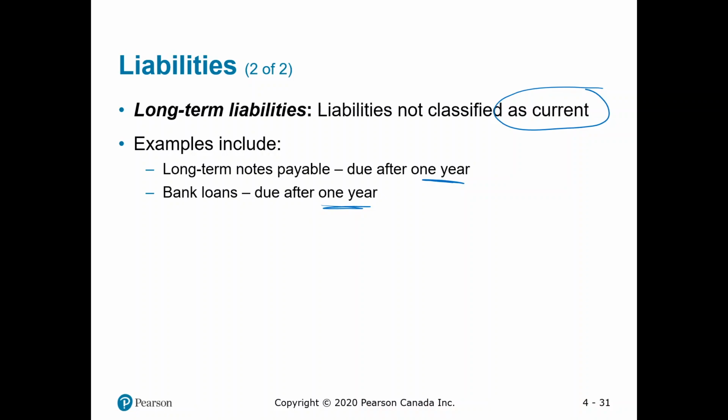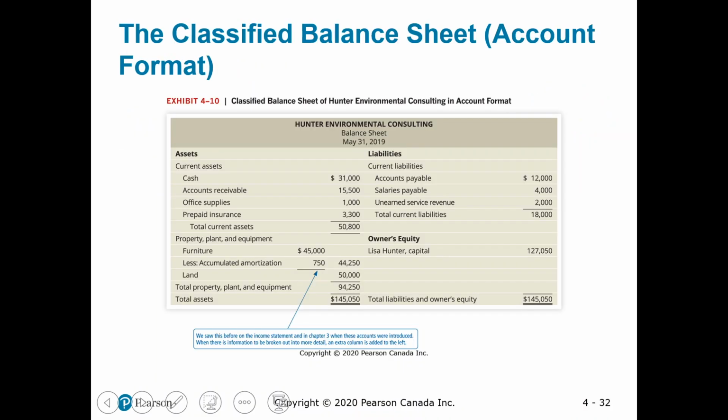Okay, so now we know about current assets, long-term assets, current liabilities, long-term liabilities. Let's see how these look on a classified balance sheet. So when it says classified, that means we've classified current and long-term amounts. So they're broken out into those categories.